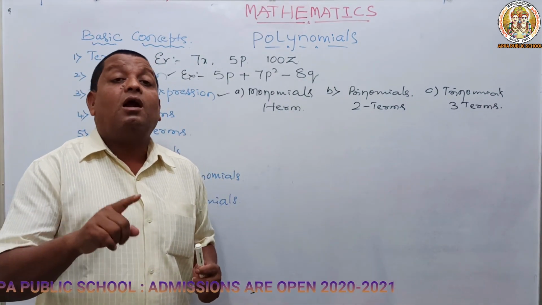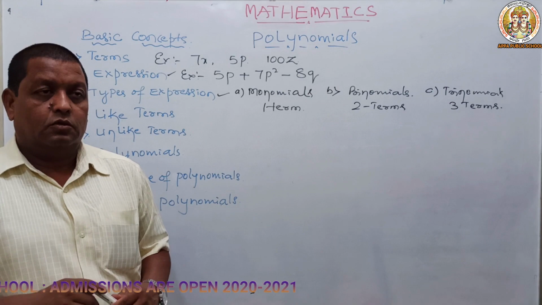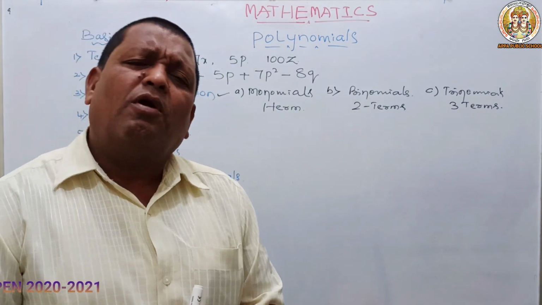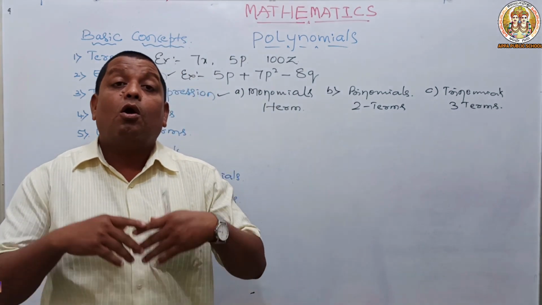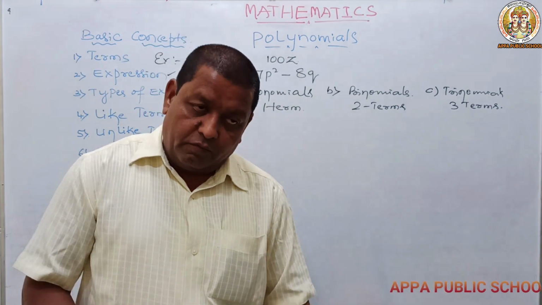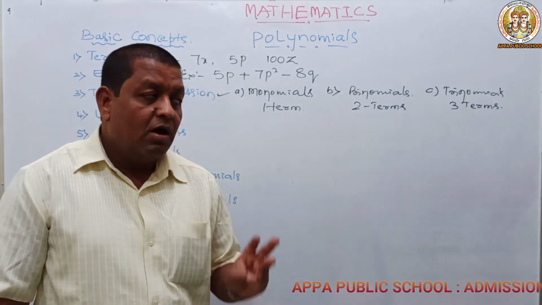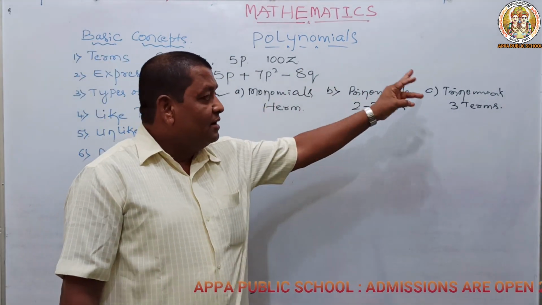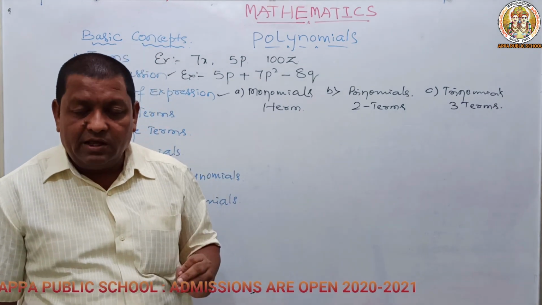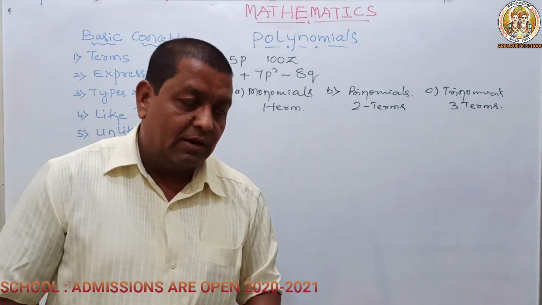It is multinomial, or as you studied in previous classes, polynomial. Poly means more. So up to 3 we gave names monomial, binomial, trinomial; more than 3 is multinomial or polynomial.